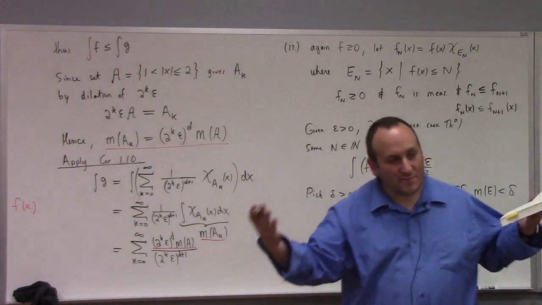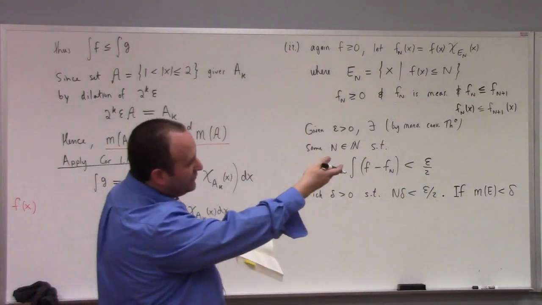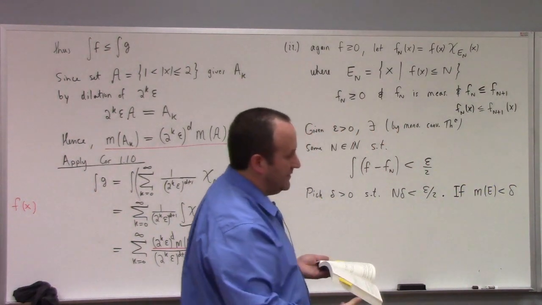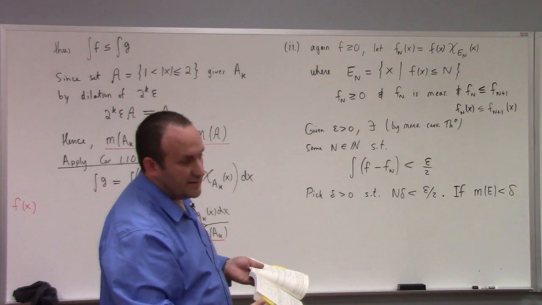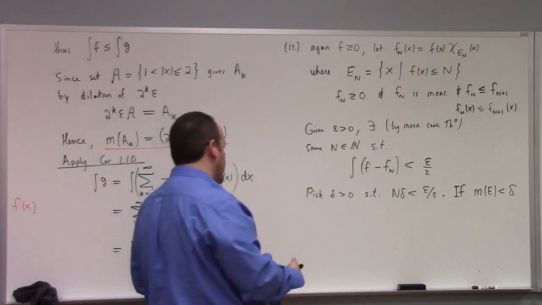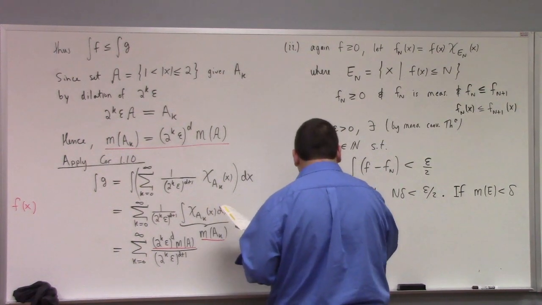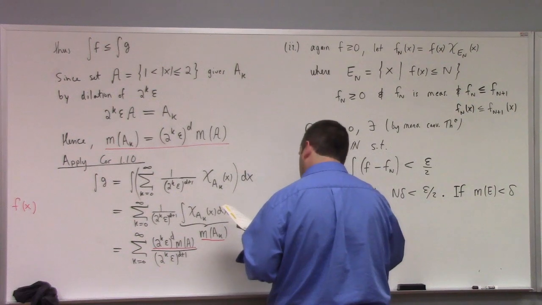So suppose you have a set with measure less than delta, which is the thing we're trying to prove, right? Whenever the measure of E is less than delta, we get that the integral over E is less than epsilon. Then we play this game. The integral over E of f, and the old add 0 trick, right?